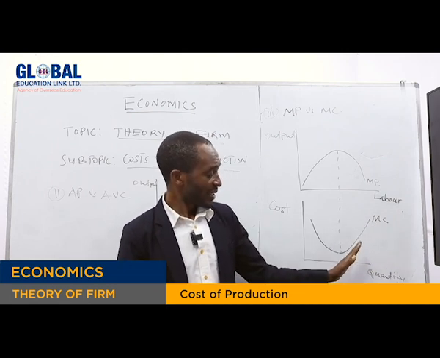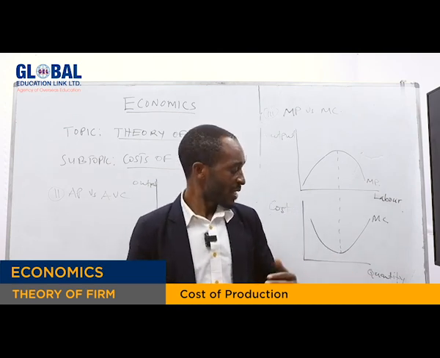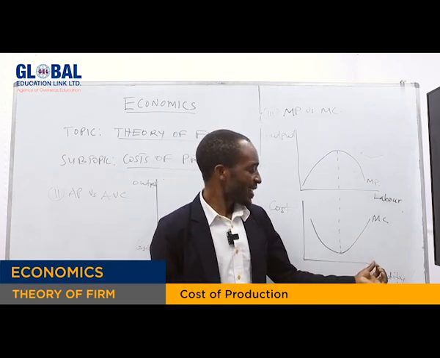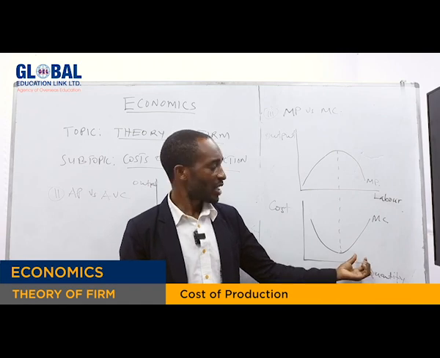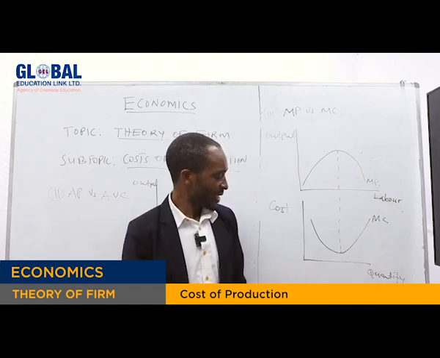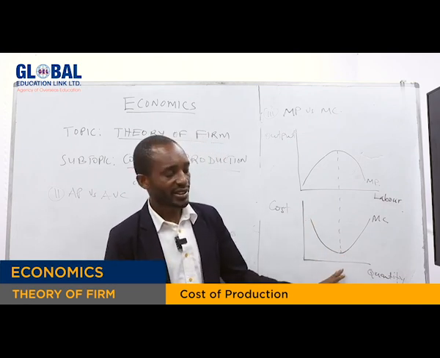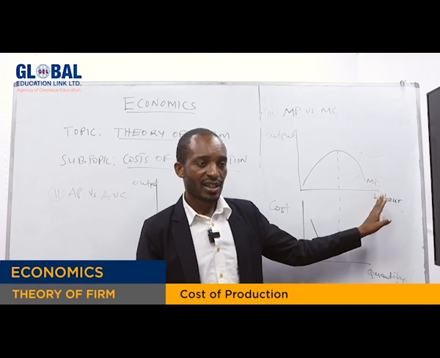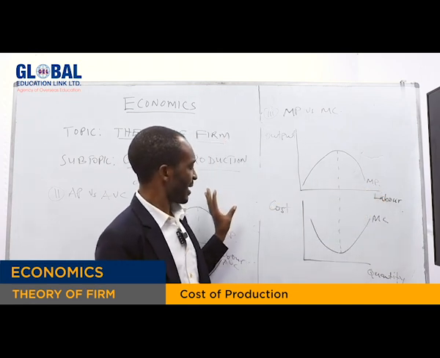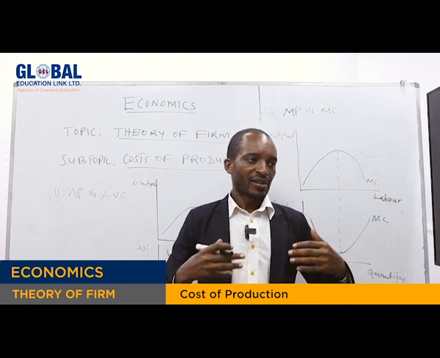So in this case, as a business or firm owner, you can decide to cut off production in order to reduce the cost. So the best position is when the cost is at a minimum or when the cost is declining, instead of when the cost is rising.